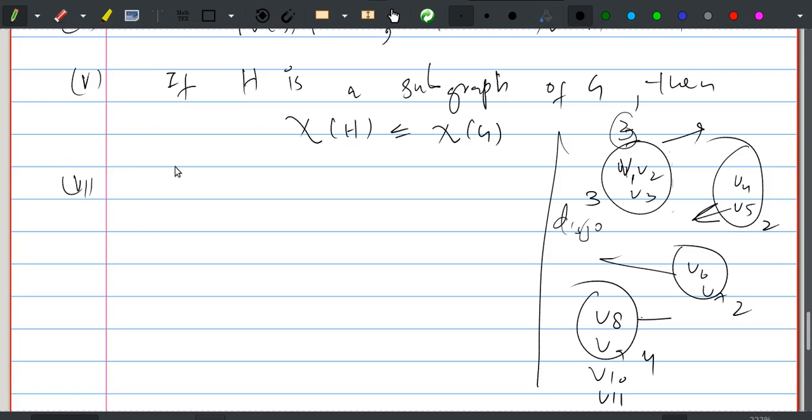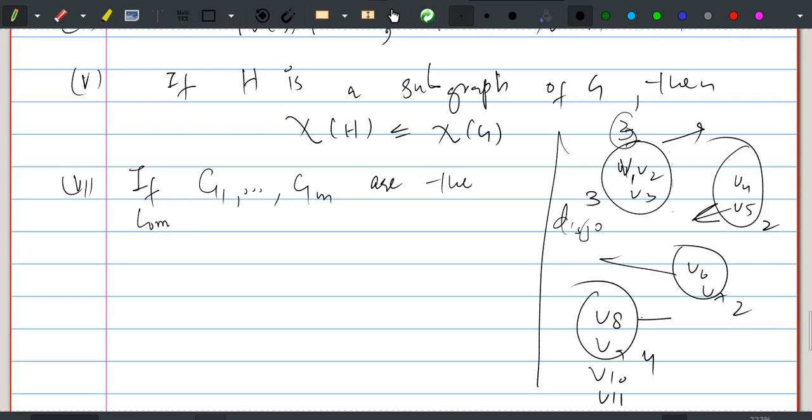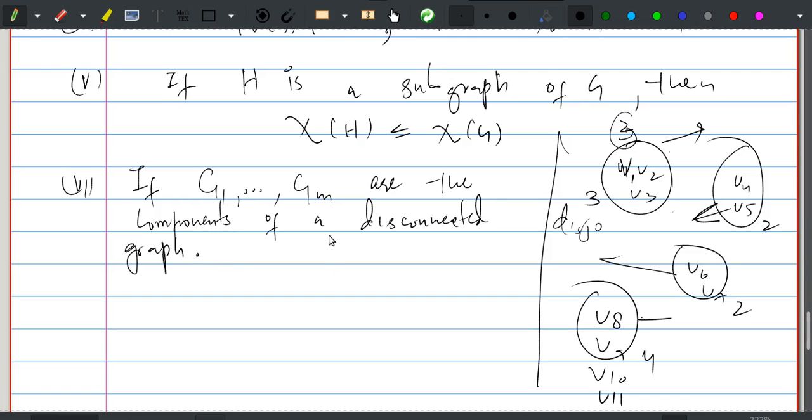So let us make an observation here. If G1 so on Gm are the components of a disconnected graph, so this graph is given to be disconnected, then the chromatic number of G will be the maximum of the chromatic numbers of these individual components.